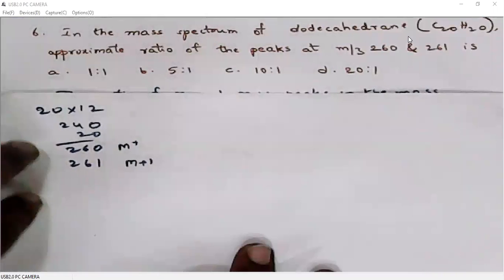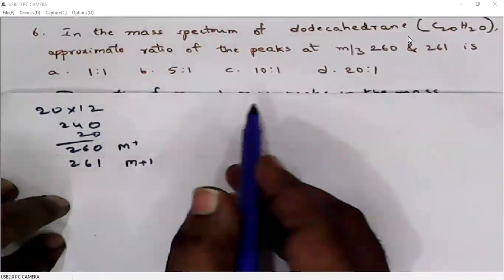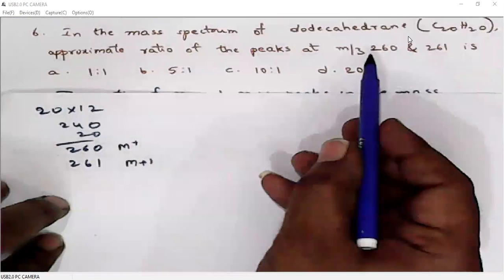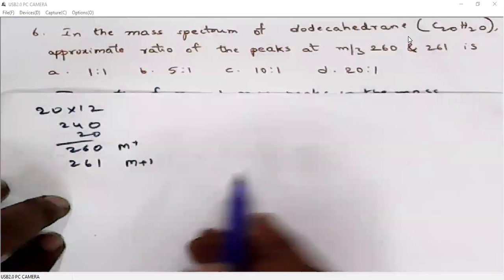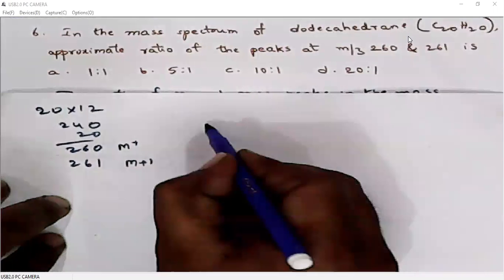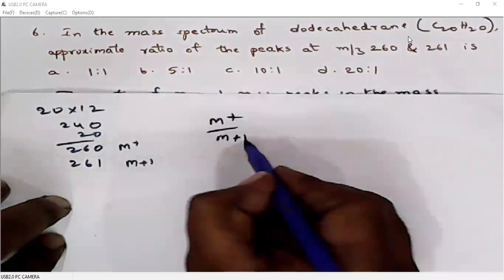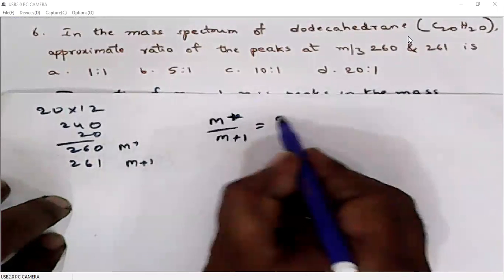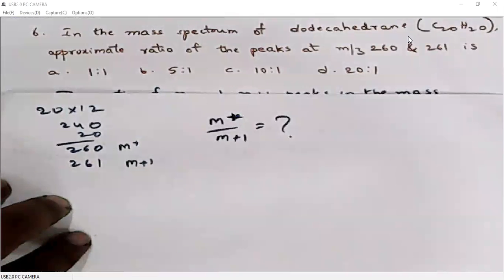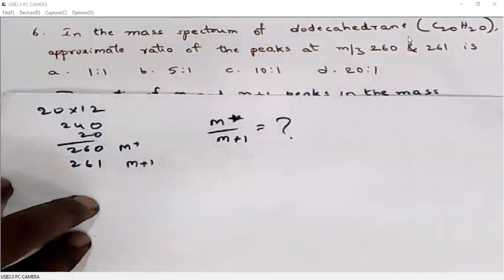So what he is asking for, the approximate ratio of the peaks at m/z 260 and 261, means the ratio of the intensities of the M and M plus 1 peaks. What is the formula?